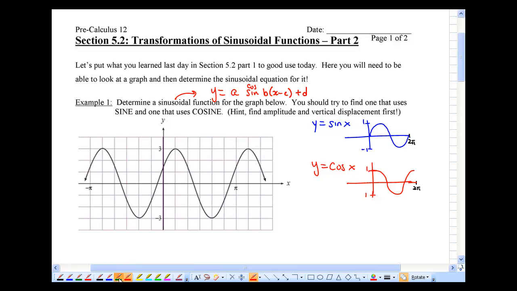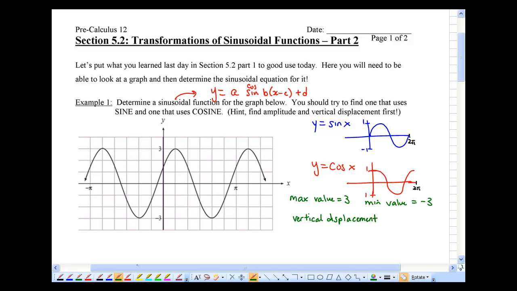What is our maximum value? From the graph, our maximum value seems to be equal to 3. And our minimum value seems to be equal to -3. Well, if you think about the vertical displacement, that's always in between the max and min value. So the vertical displacement can be found by doing what?